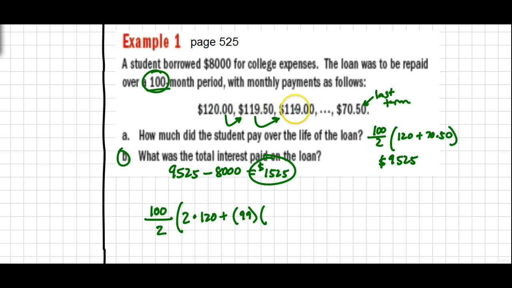Clearly the numbers are decreasing, so I want to make sure to include the fact that that d value is a negative. And I can see here that it's going down by 50 cents, so I'm just going to say that the d value here is negative 0.5. So now when you type that in, students, you want to make sure to try it with your graphing calculator or at least a scientific, because these can be a little bit trickier to type in because there's more stuff to do.